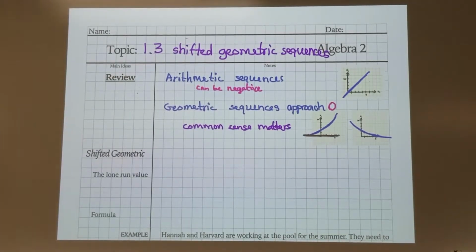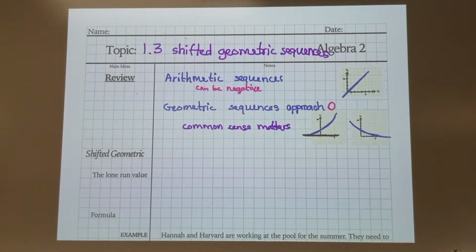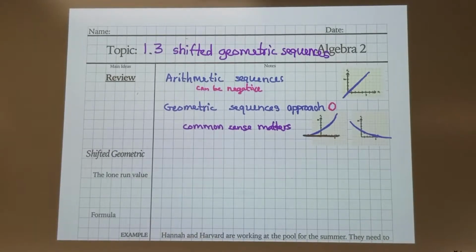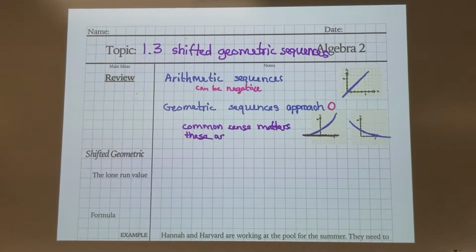Negative numbers don't make sense in some situations. Getting infinitely close to 0 but never hitting it doesn't make sense in some situations. Like a ball doesn't bounce forever. We don't keep things in our bloodstream forever. Common sense matters. Remember that these are just models. They're not real life.